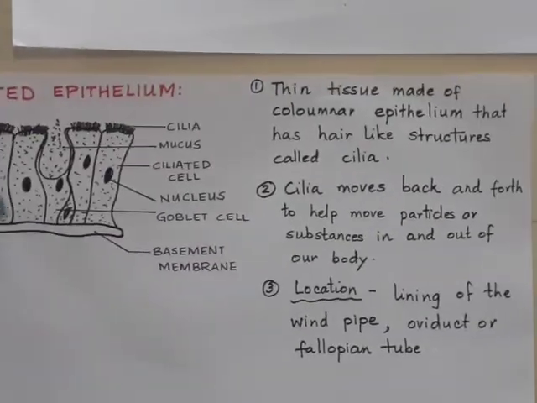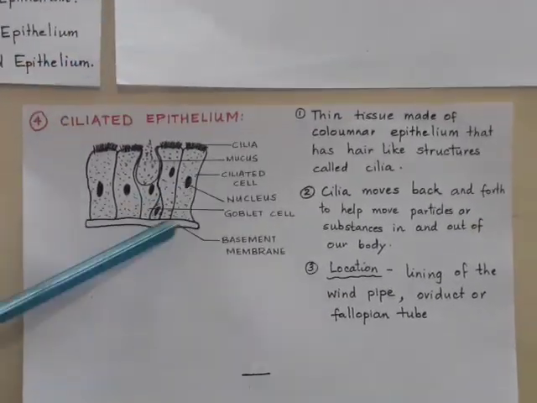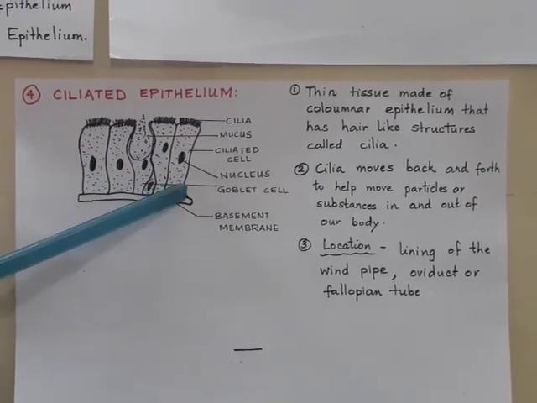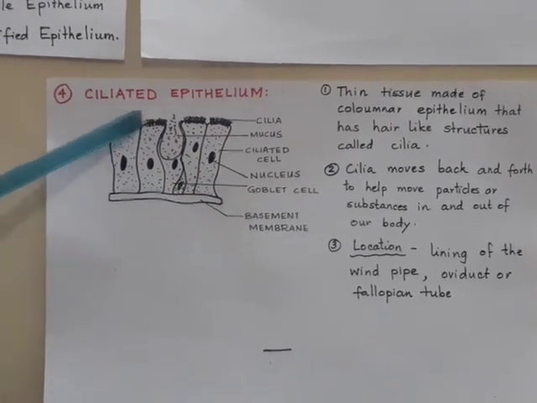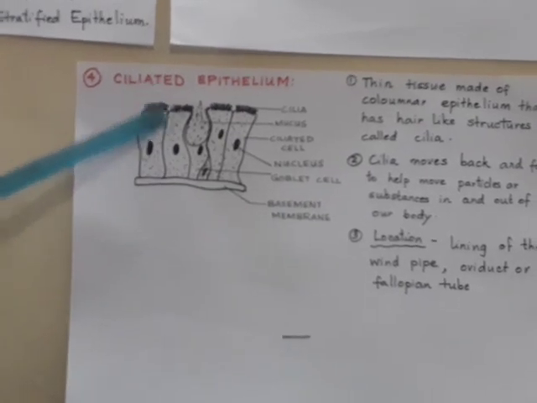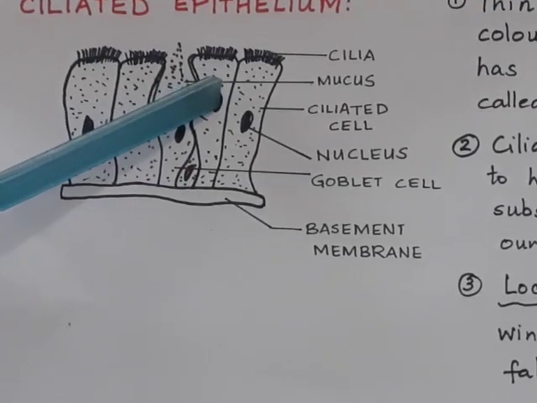Now we come to the last one. This is again a modification of columnar epithelium. Here you can see in the diagram, these are all column-like, but one end of it, the apex end, has the cilia, fine hair-like structures which are known as cilia.